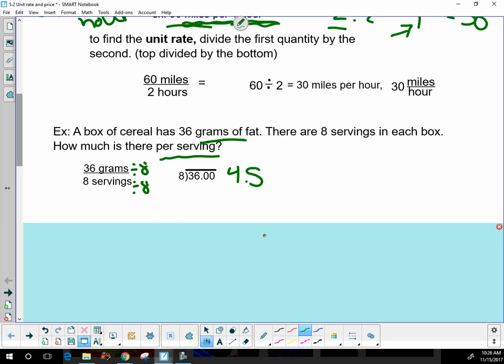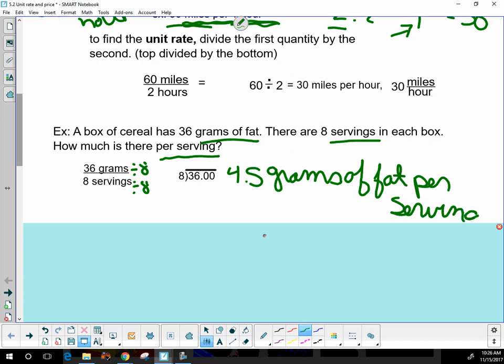Grams of fat per 1 serving, okay? Per kind of means for each.